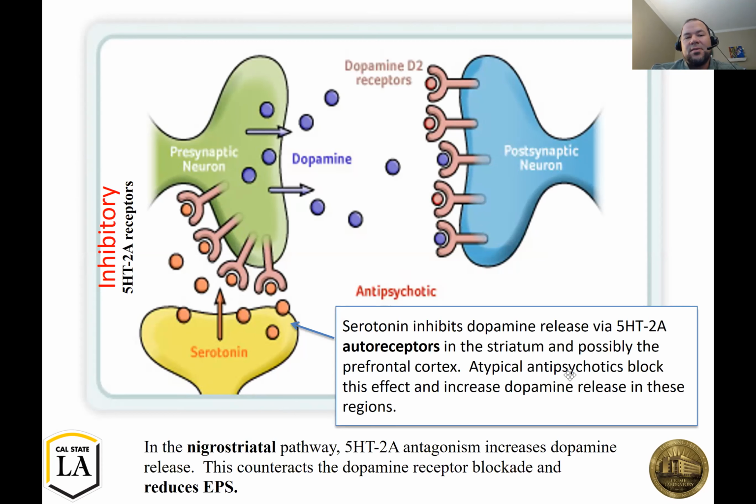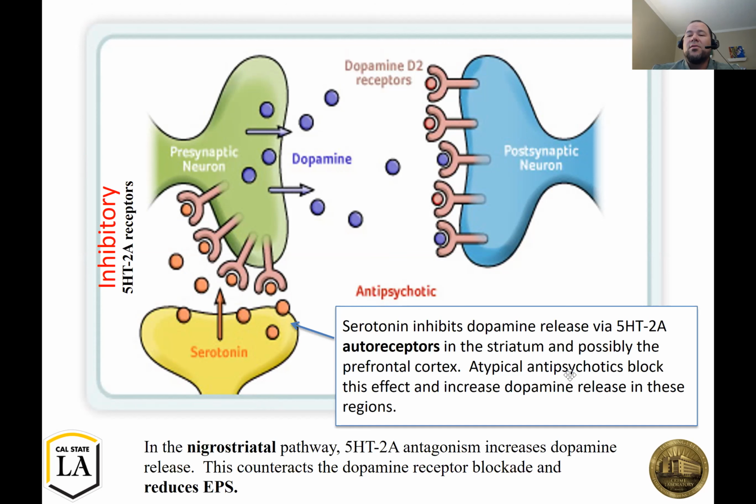So what we see is that in the nigrostriatal pathway, the 5-HT2A antagonism increases dopamine release, okay? And this counteracts the dopamine receptor blockade. So remember, in Parkinson's disease, when dopamine neurons go away, and we don't know why, you have these Parkinsonian symptoms, like the grimacing, the EPS side effects, right? And so that's that disease state.